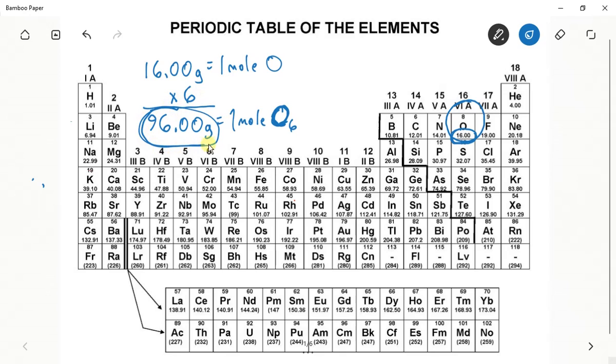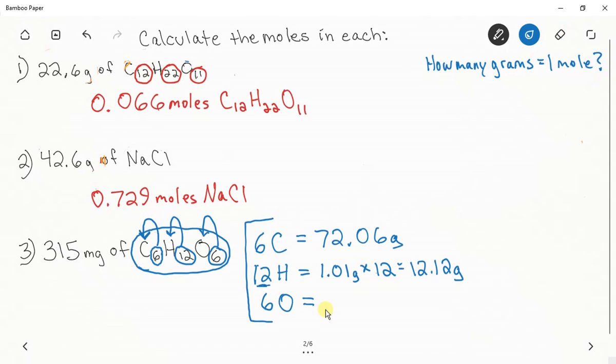So let's take this 96 grams, which equals 1 mole of 6 oxygens, over to our practice sheet, and let's write in 96 grams, and that's 1 mole of O6.